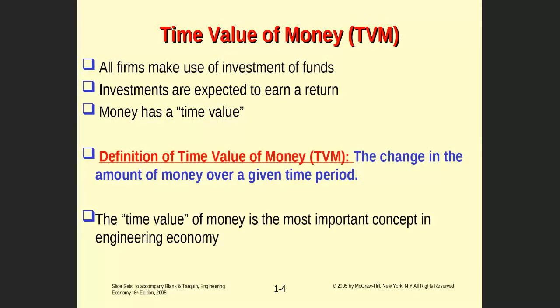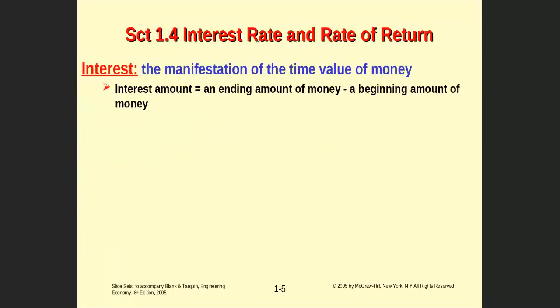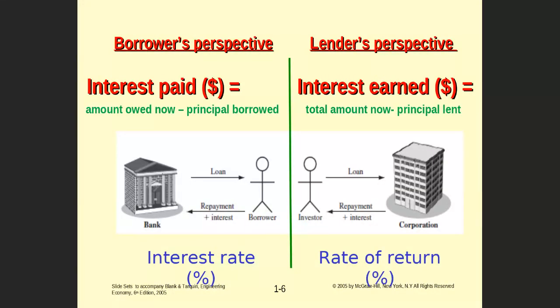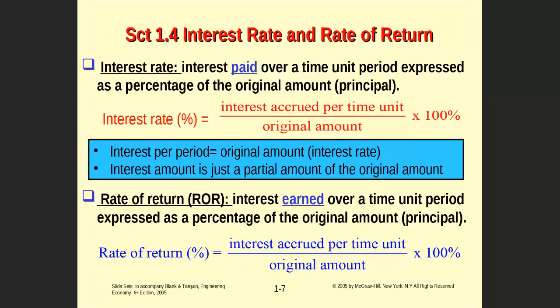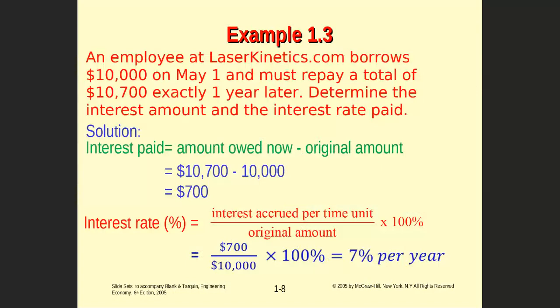It talked also about the time value of money and how the value of money changes over time. How is the real today compared to 50 years ago? It is different in terms of value, in how many things you could purchase with 1 real 50 years ago. It covered the definition of interest, what interest means, the difference between interest rate and rate of return, and the calculation of each, as well as examples of interest rates and interest amounts.